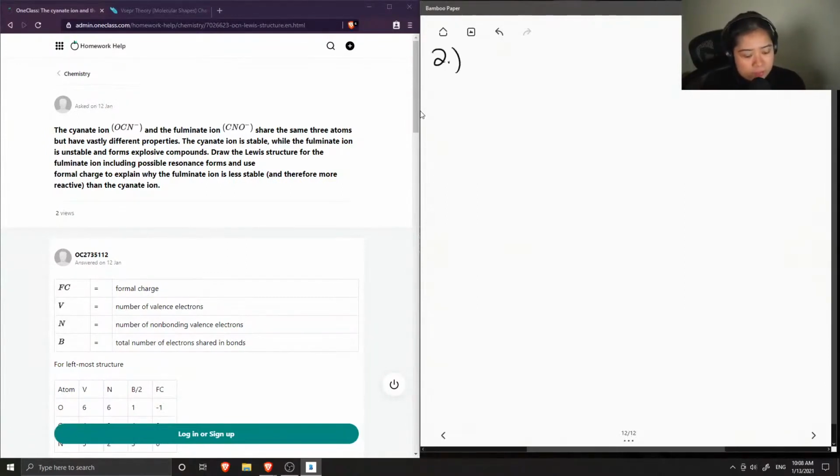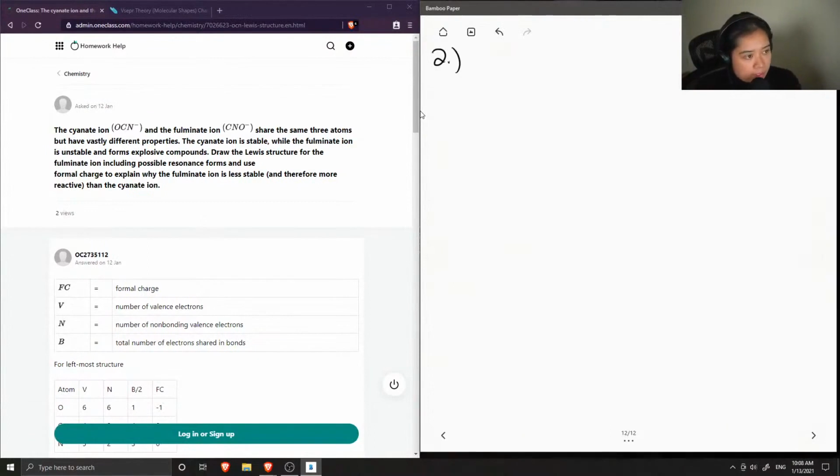Okay, so let's first start off by writing the Lewis structures for both the cyanate and the fulminate ion.